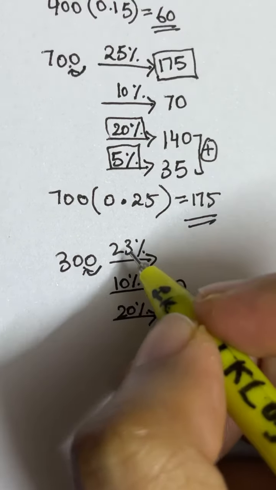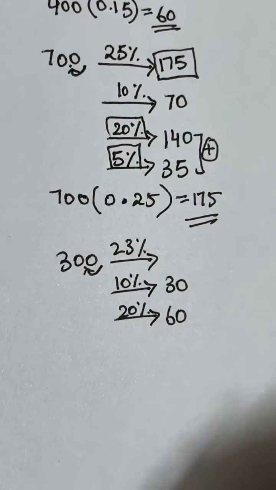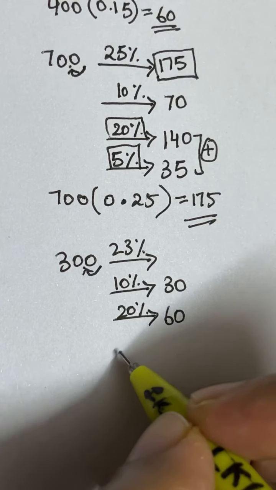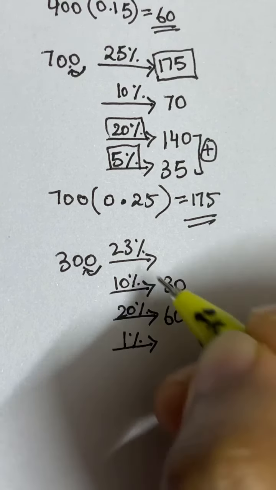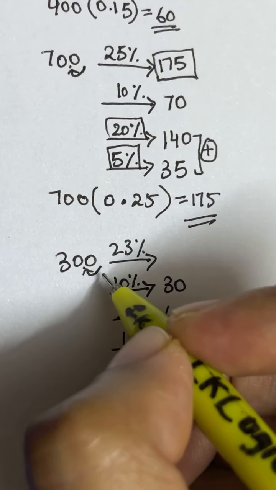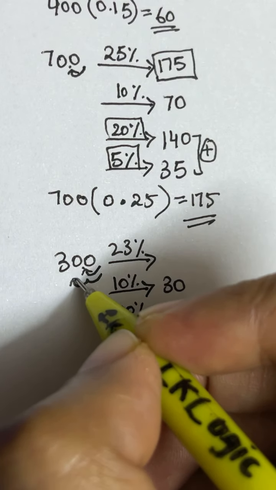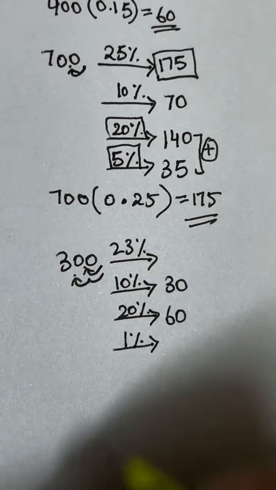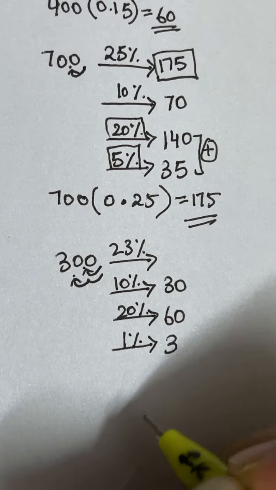Alright, now next we need 3%. Now we don't have 5% so that we can take half of 10%. We are going to find out 1% so that it makes it easy for us to calculate 3%. For 1%, you need to have the decimal towards the right and move 2 slots towards the left. That's it. 1% of 300 is 3. How amazing.